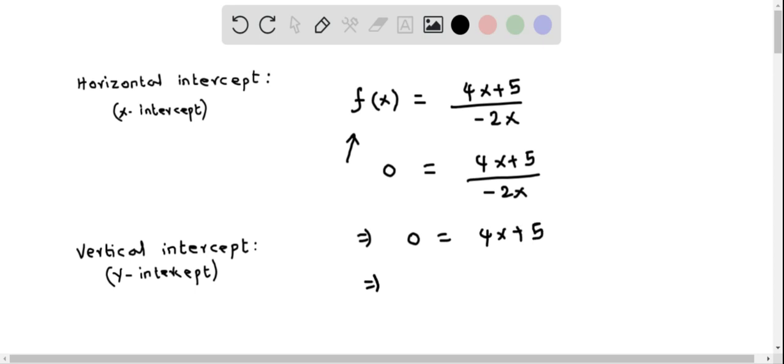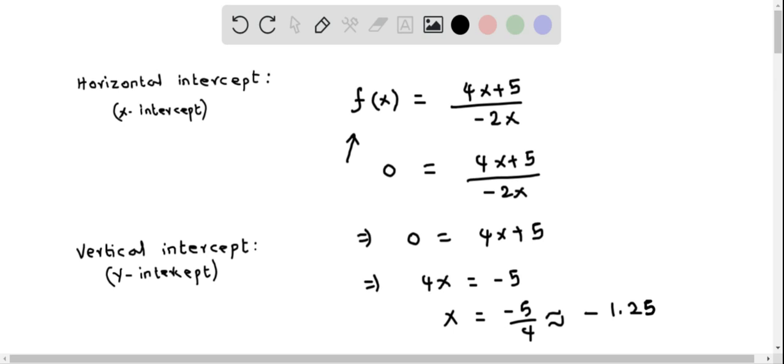Now I subtract 5 from both sides, so I get 4x equals negative 5. Dividing by 4, I get x equals negative 5 over 4, and this is approximately equal to negative 1.25.